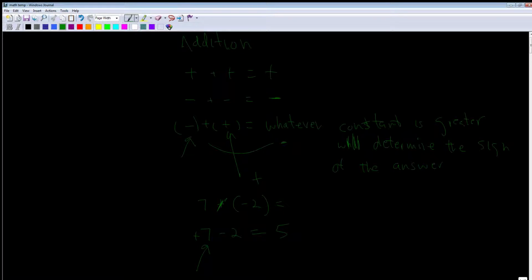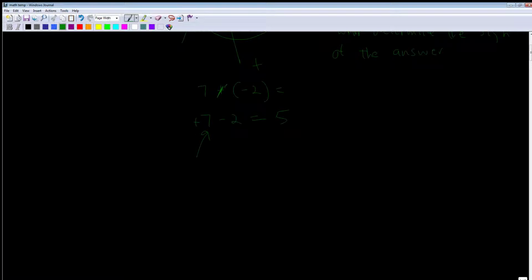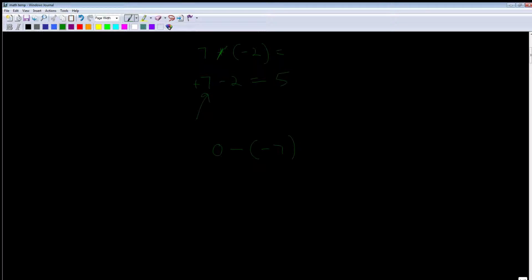Now, in subtraction of numbers in algebra, we are going to come across this scenario quite often: 0 minus negative 7. Now, the key rule to this is that any time you have two negatives, we are going to turn that sign into a positive.